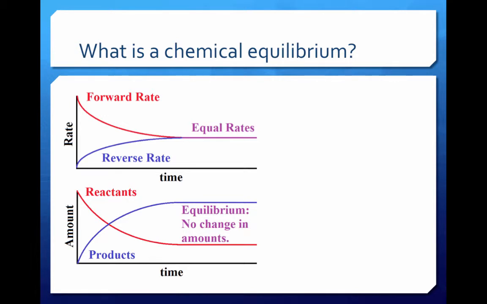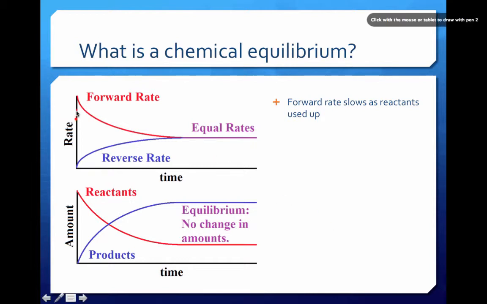We can represent this graphically using the graphs here on the left. We have red representing our forward reaction rate and blue representing our reverse reaction rate. We can see that over time, if this line right here represents the start of our reaction, our reaction rate slows down and gets slower and slower, and this is happening because our reactants are being used up. Fewer reactants means fewer reactions can occur.